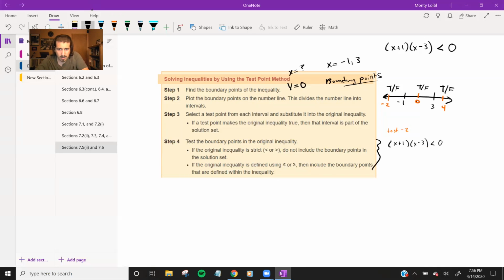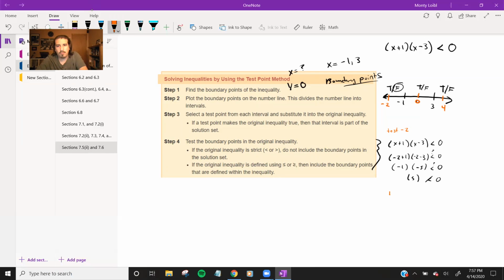Plugging in x equal to -2, we want to see, is this true? Well, -2 plus 1 is -1. Here, -2 minus 3, so we're going more negative, you get -5. Is that less than 0? These two multiplied together give you a +5, which is not less than 0. So it's false here.